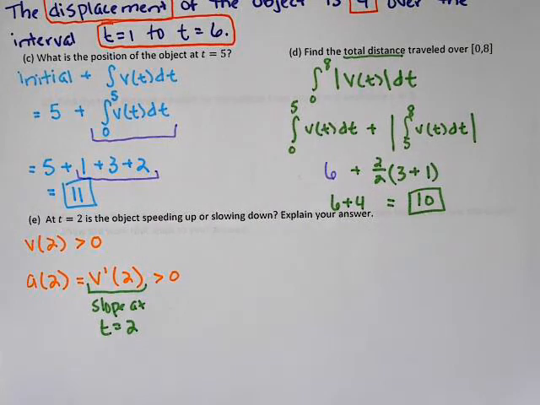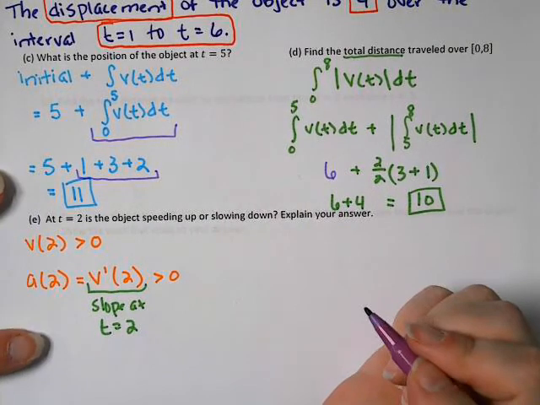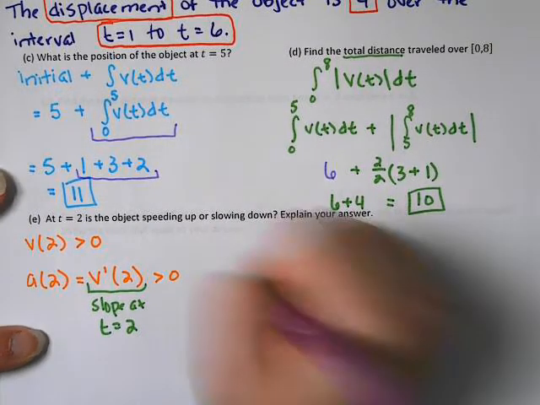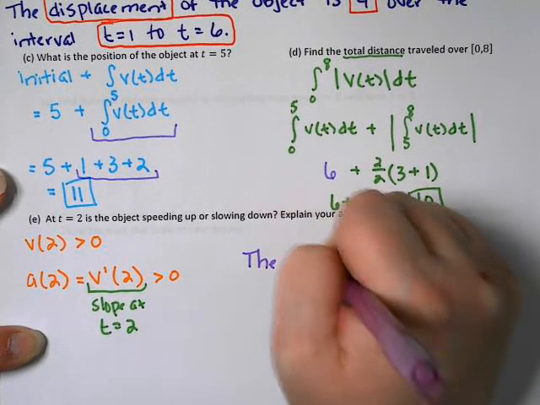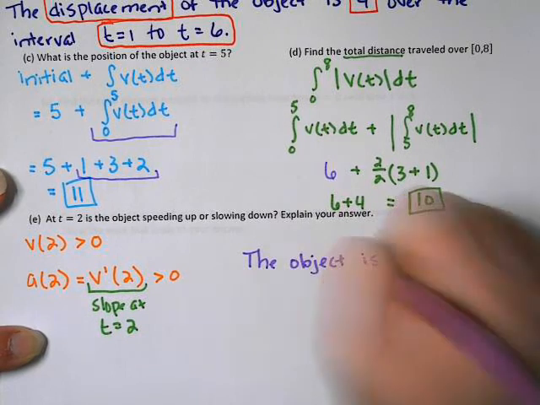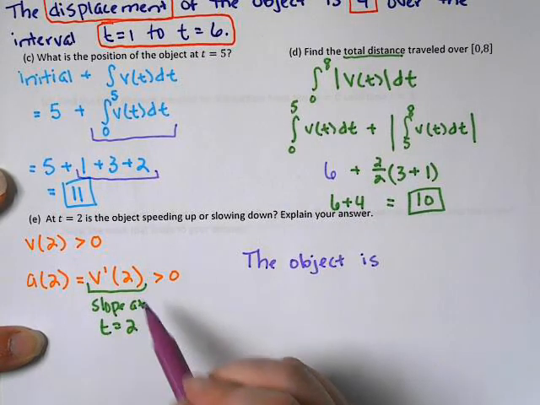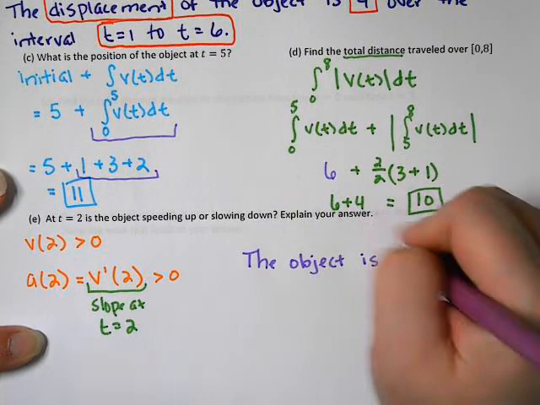So our answer, if we're going to explain it: since velocity and acceleration are the same sign, the object is speeding up.